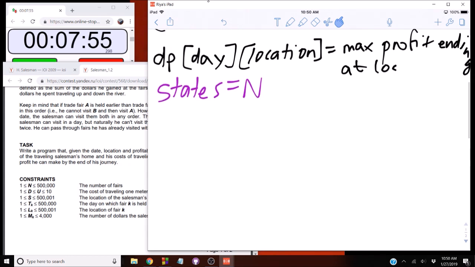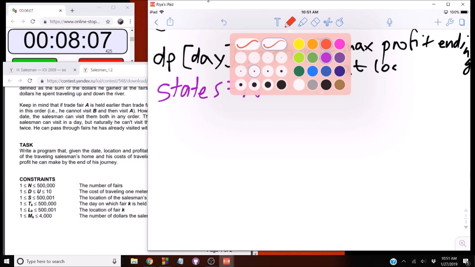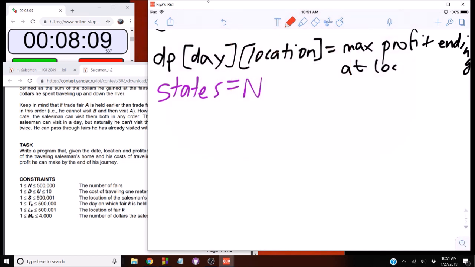Now we just need to do our transitions. So let's first think about the transitions if there is only one fair per day, because that'll make it so much simpler.